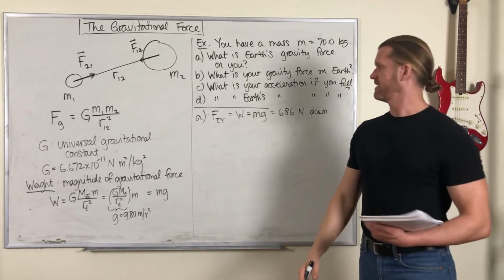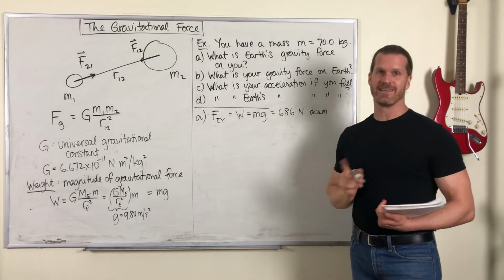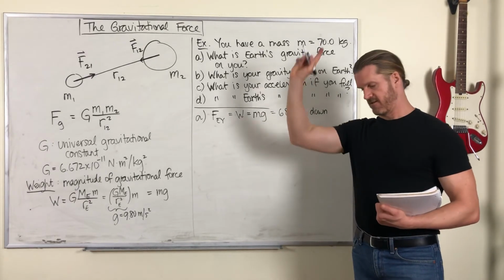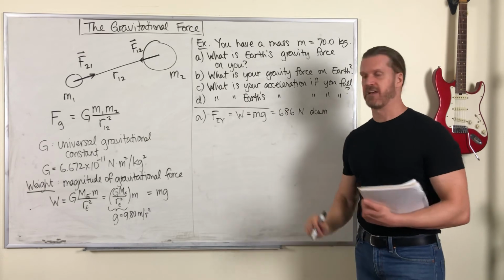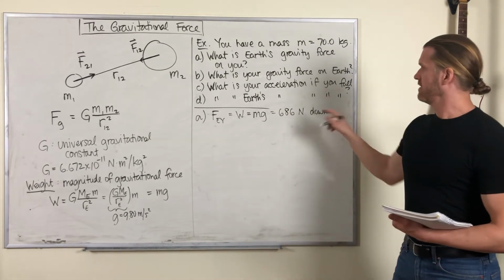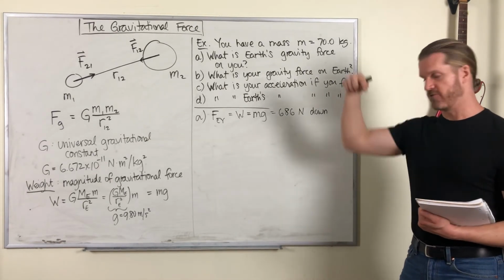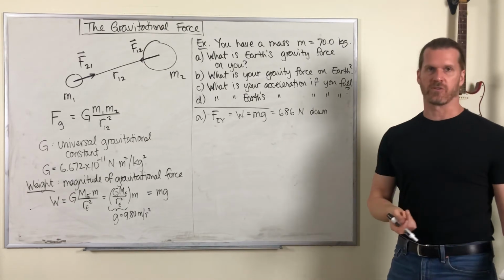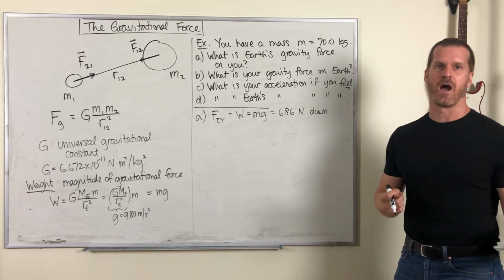Force is a vector. We're just doing 1D, along the up and down direction. So the direction of that force on you is down. Or if you wanted to pick a coordinate system, you could say it's negative y.